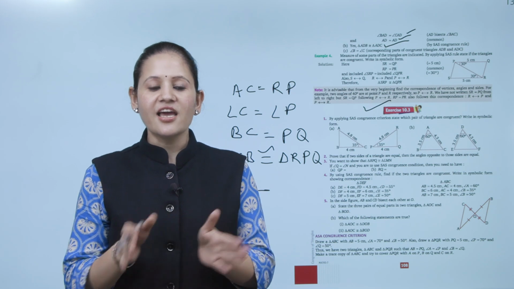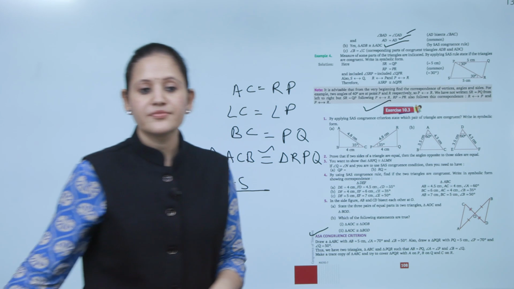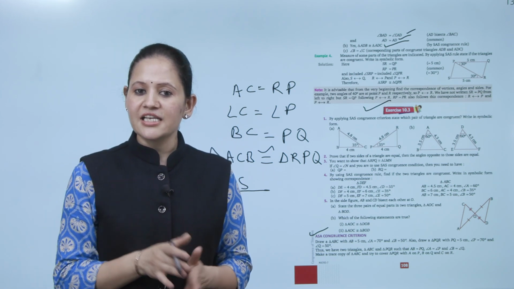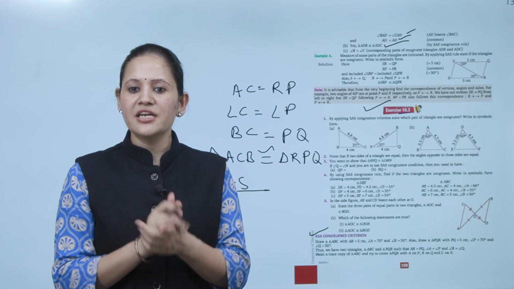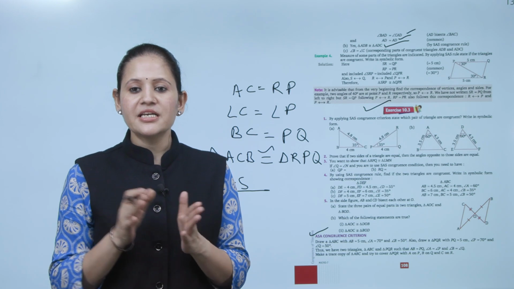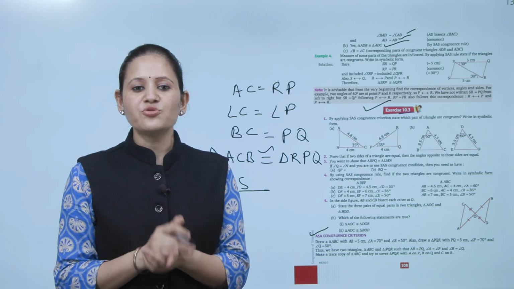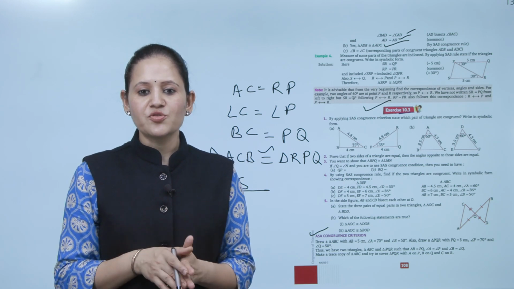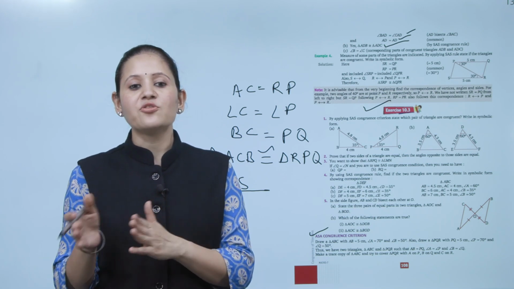Next is ASA congruence criterion. Draw a triangle ABC, AB 5 cm, angle A 70 degrees, angle B 50 degrees. Also draw triangle PQR in which PQ 5 cm, angle P 70 degrees, angle Q 50 degrees. Thus, we have AB equals PQ, angle A equals angle P, and angles B and Q are equal.